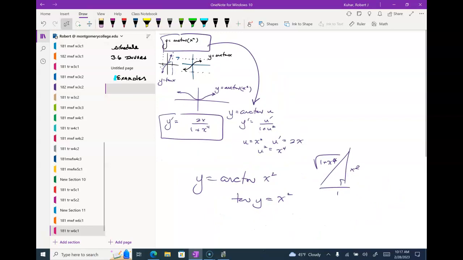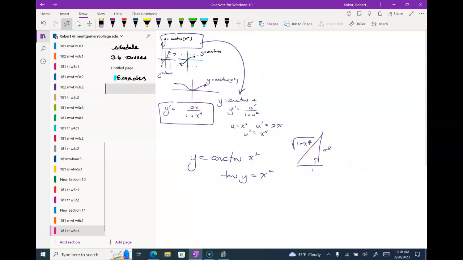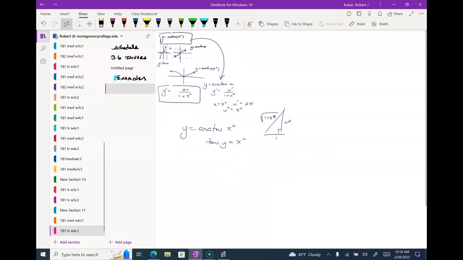Do you see the hypotenuse there? Do you see 1 plus x to the fourth? When you do the derivative with the triangle with the implicit, what do I get for the derivative of tangent? Secant squared.